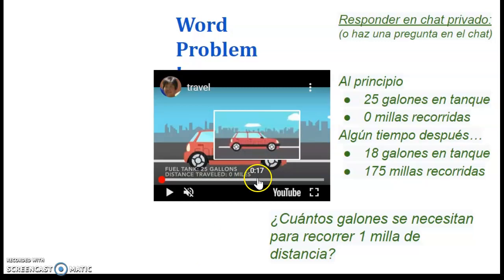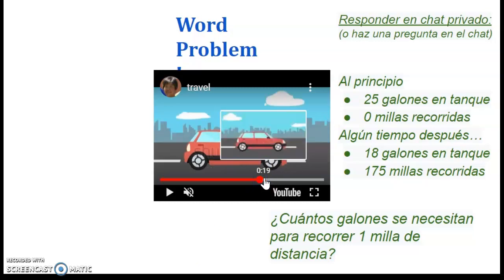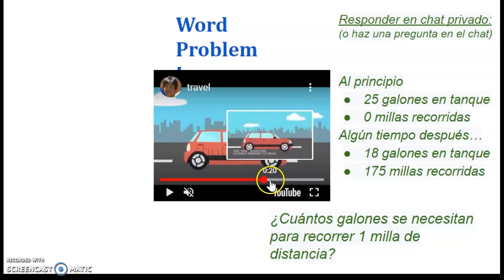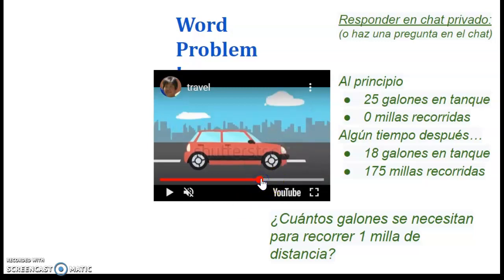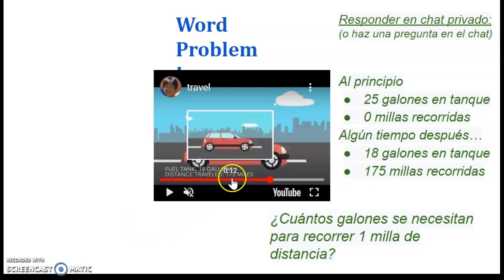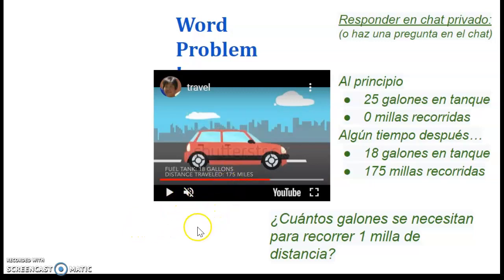Then when you get to a distance traveled of 175 miles, the fuel tank is measuring at 18 gallons. And it continues on.